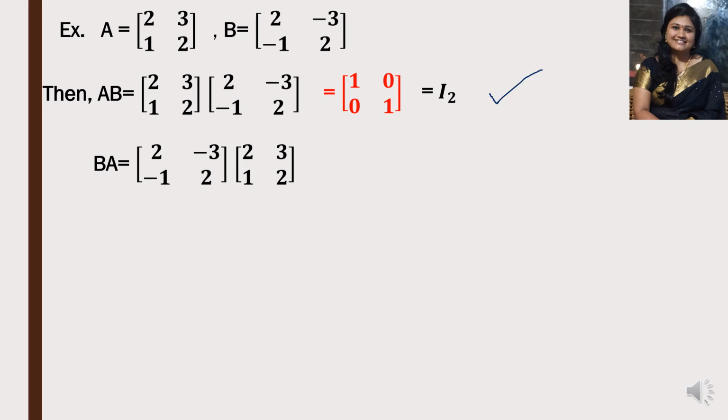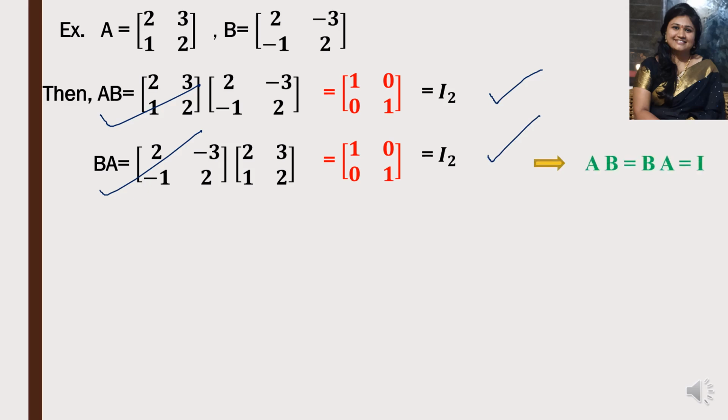B and then A. So after solving this, we again get the same identity matrix of the same order, that is 2 by 2. So in both the conditions, we have proved that AB and BA have the same value, that is the identity matrix of the same order.